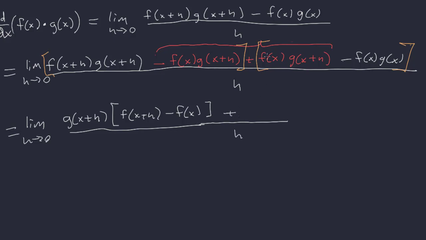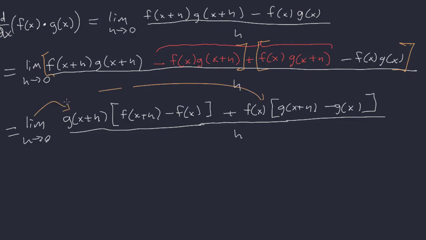And then plus, and in this case, we can actually factor out an f of x. So we have the f of x times g of x plus h minus g of x. And everything here is all over h. Now, I'm going to rewrite this a bit. I'm going to split up this fraction. I'm going to distribute this limit across.